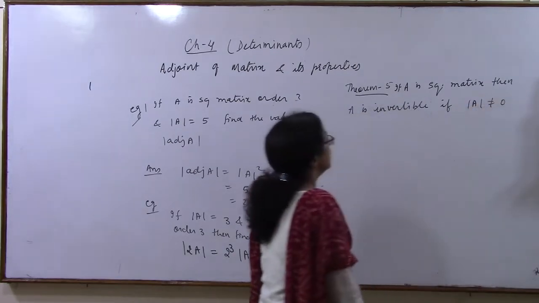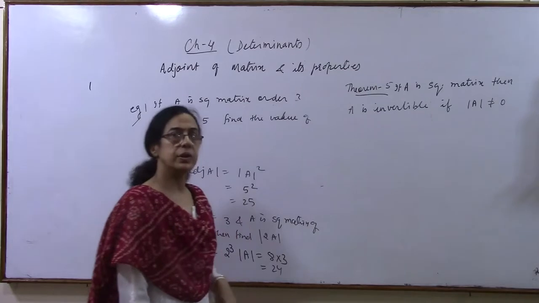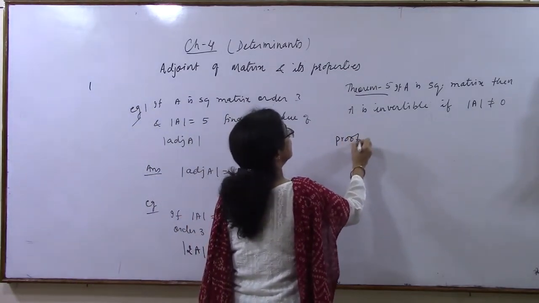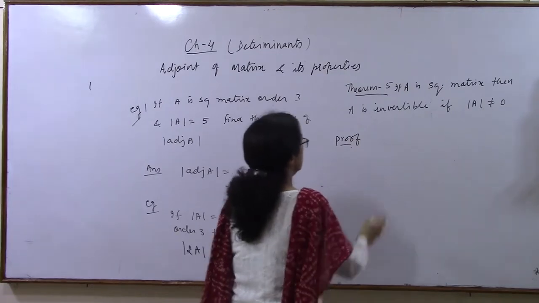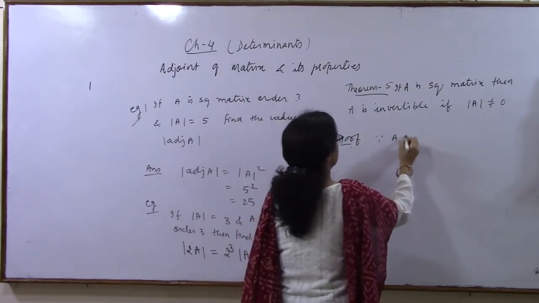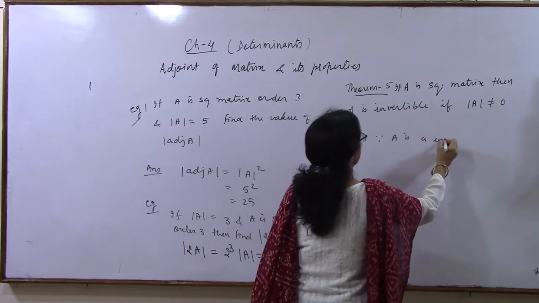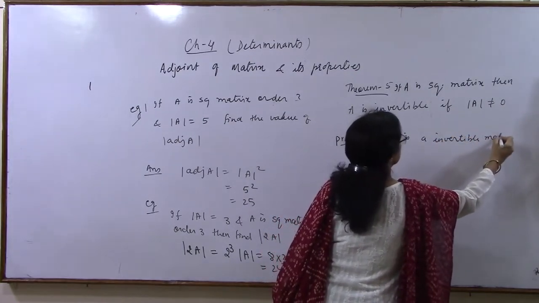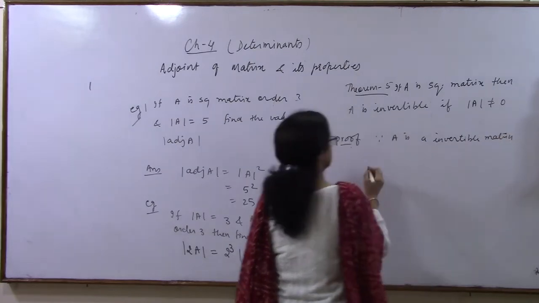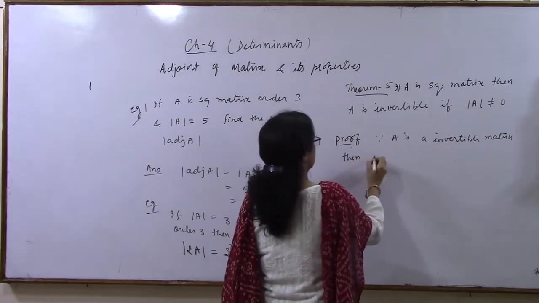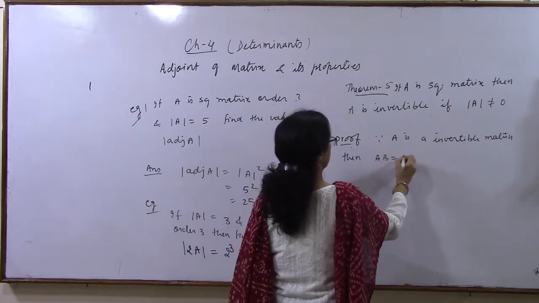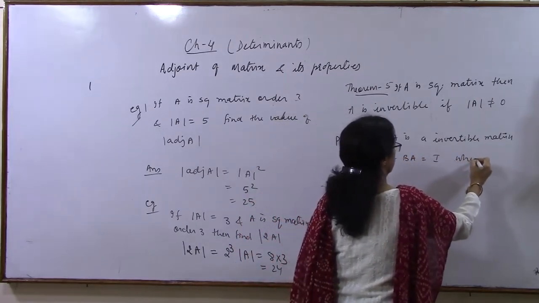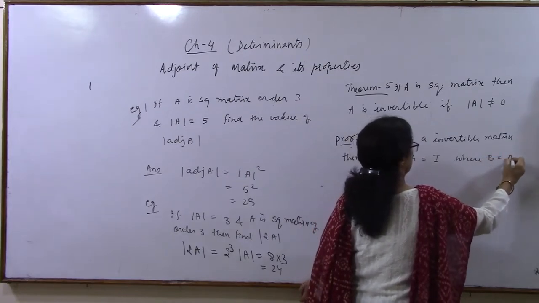It means A is a non-singular matrix. Since A is an invertible matrix, then AB equal to BA equal to I, where B equal to A inverse.